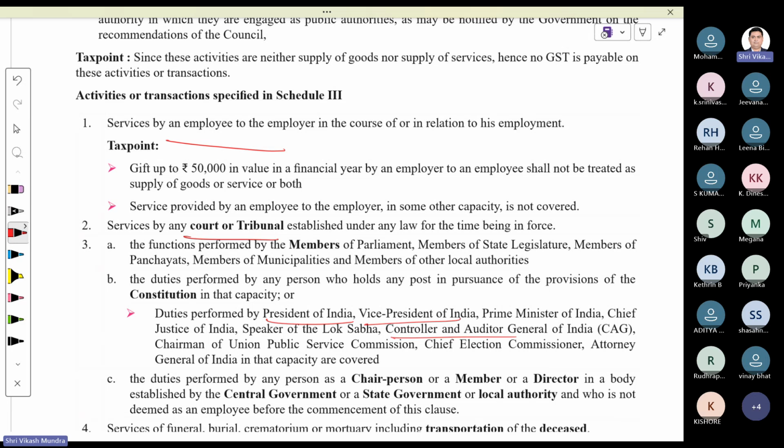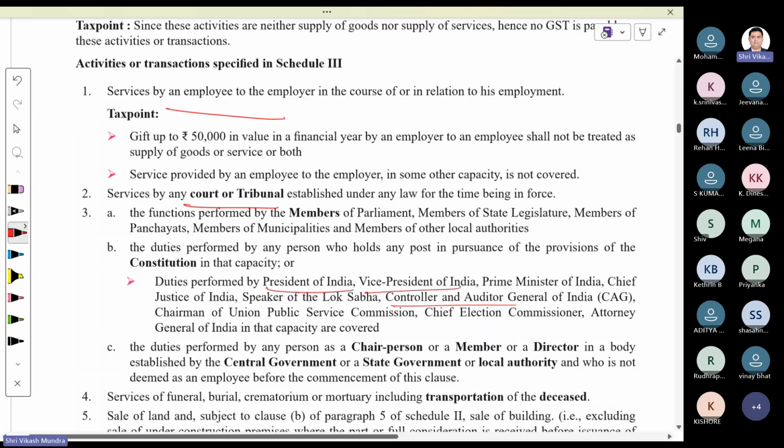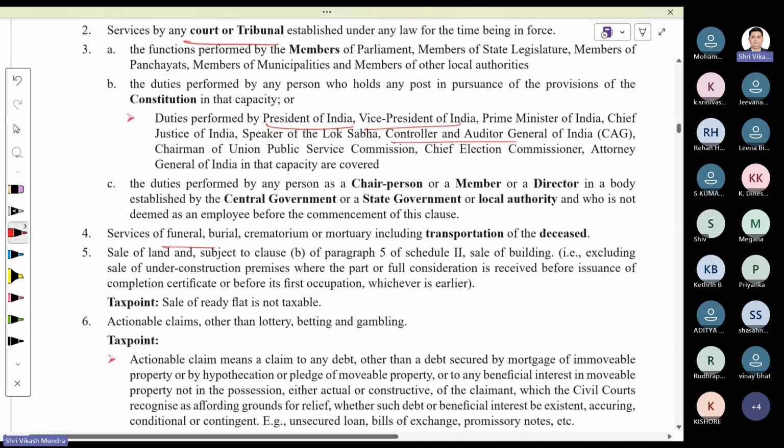Hence, no GST on it. Services of funeral and transportation of deceased body are not considered as supply. No GST on this. Among these you are required to understand the following.